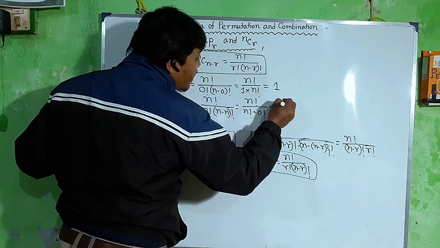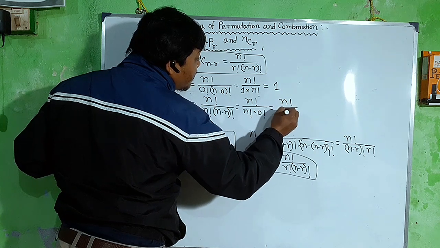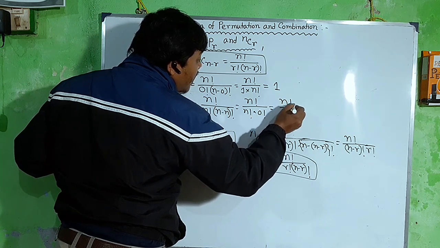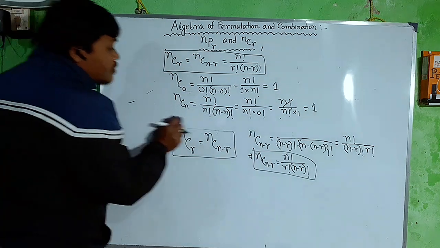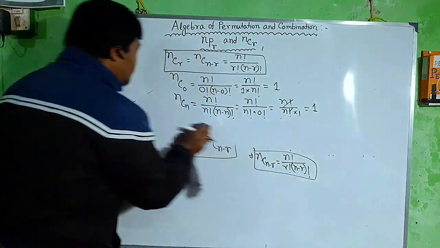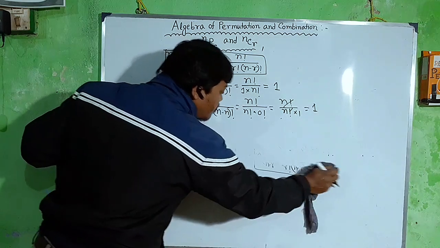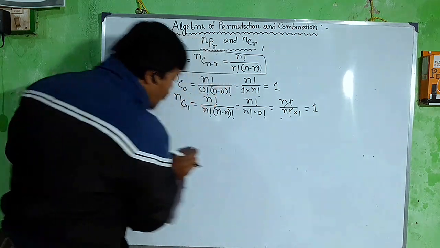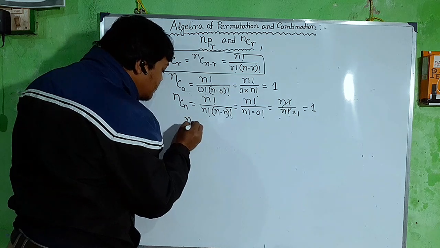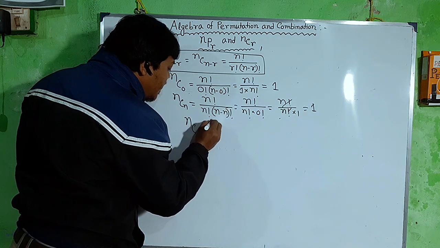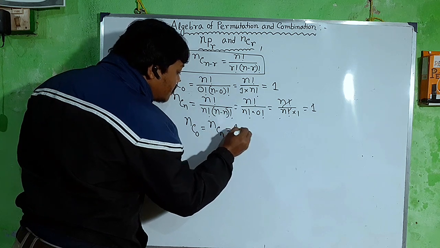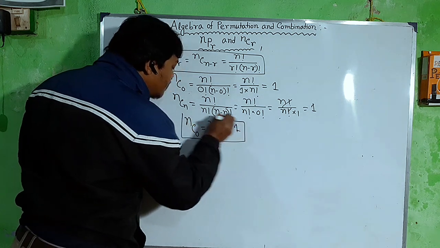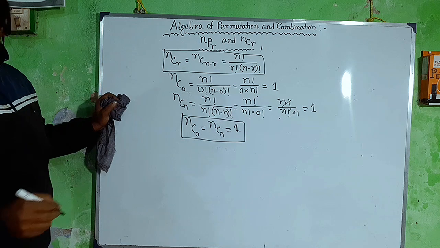So this gives n factorial by n factorial into 1, both cancel, and you will get 1. So nC0 and nCn both have the same value, and that value is 1. Remember this result.